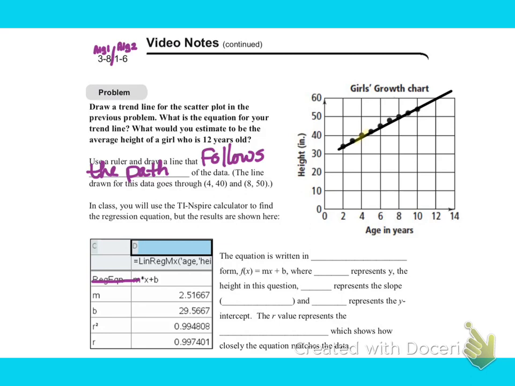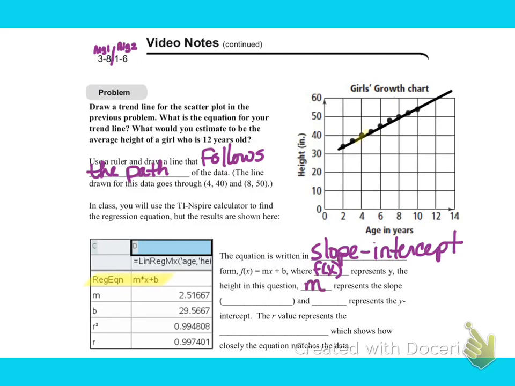Our equation right here is written in slope-intercept form, which is f of x equals mx plus b, where f of x represents y, which is the height in this equation, our dependent value, and m represents the slope.